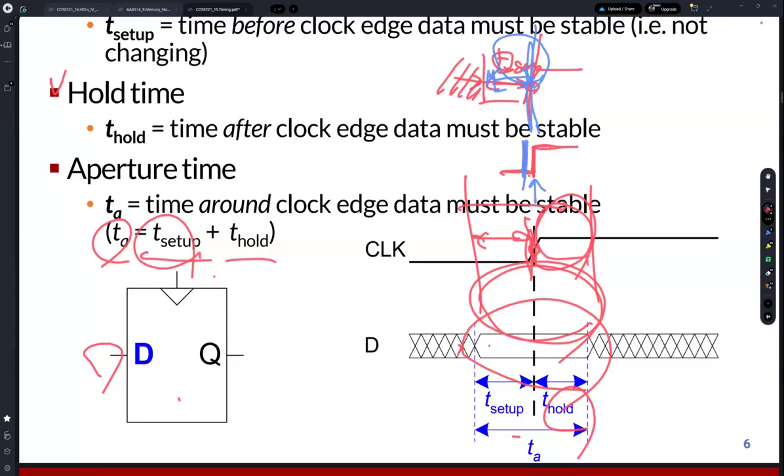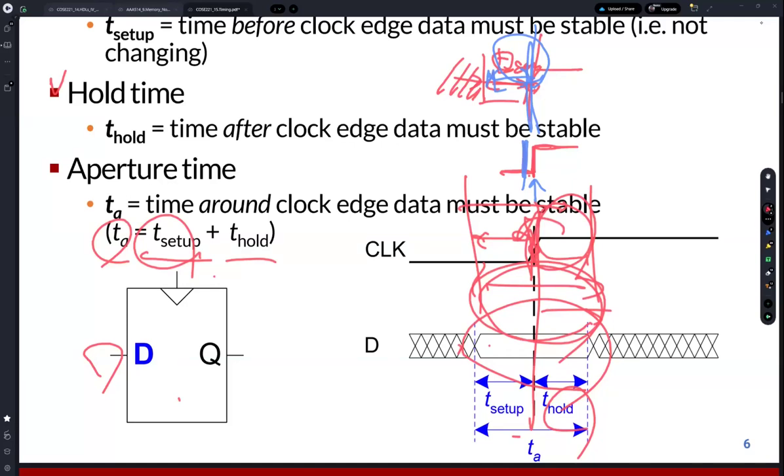So the input needs to be stable during this hold time. So around this rising edge of the clock, during the aperture time, the input of a D flip-flop needs to be stable. So this is a very critical, very important timing constraint of the D flip-flop.